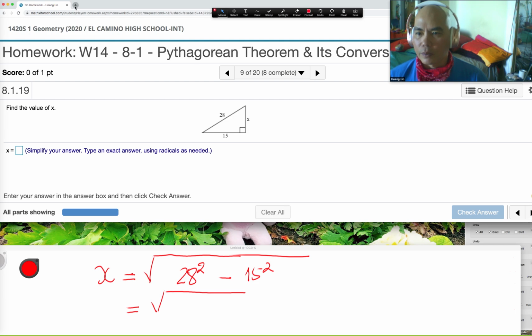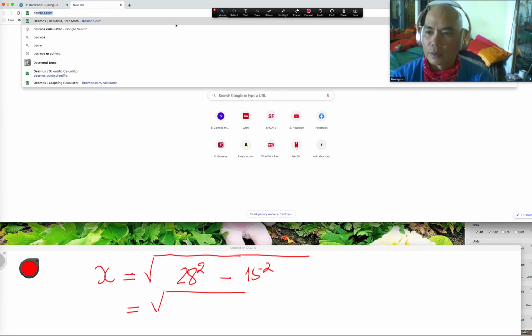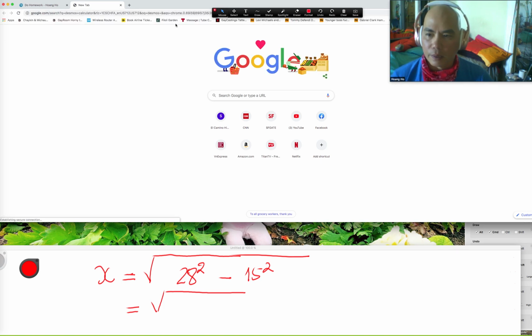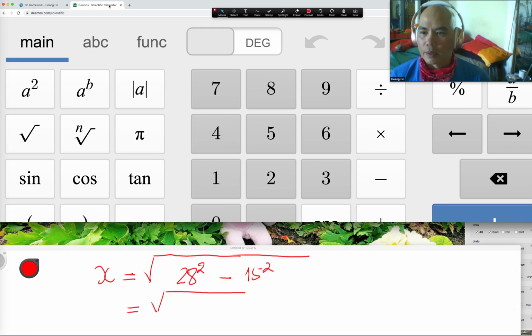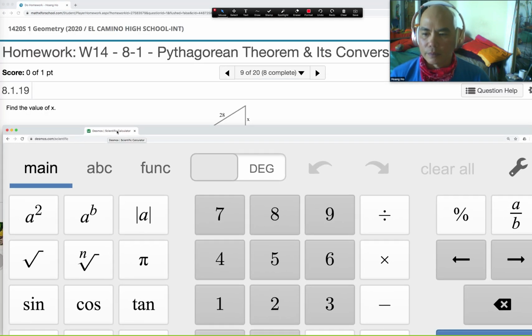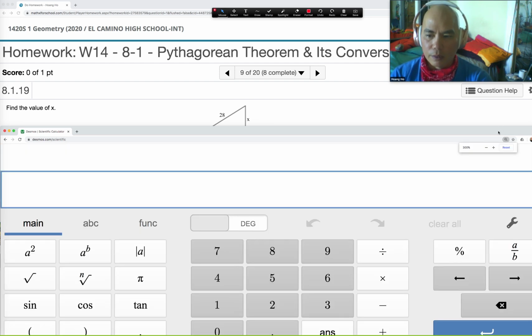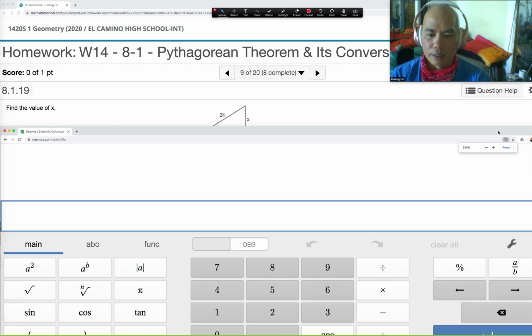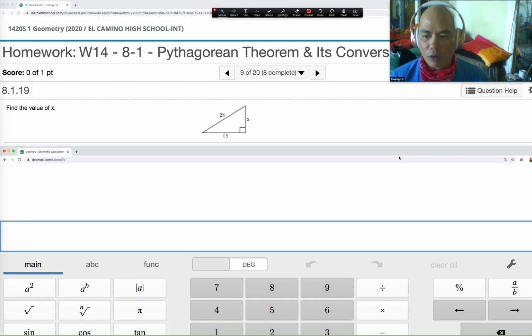All right, I can open a new one. So decimal calculator. Okay. So I choose the second option over here. All right, let's move it down here. Make it smaller. Oh, here we go. There's a box right here. So 28 squared, subtract 15 squared.